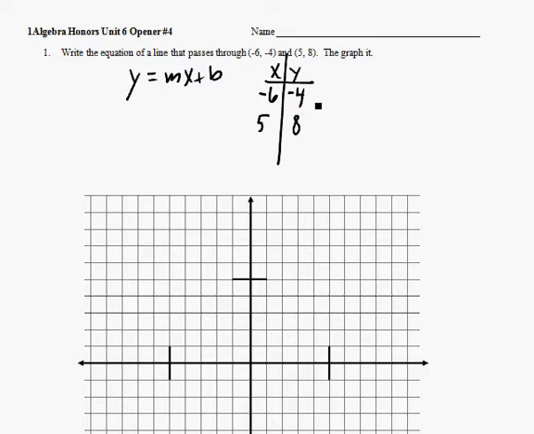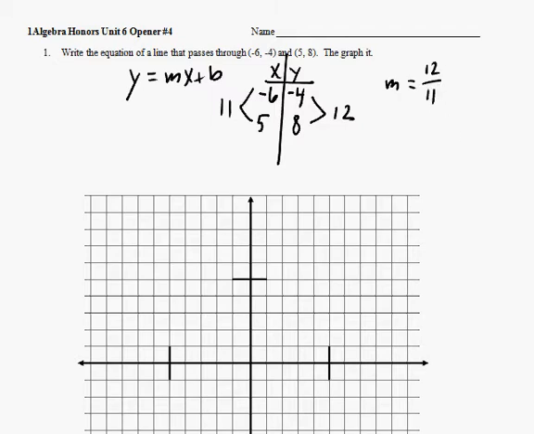So I'm going to find how much the y's change and how much the x's change in order to find out how much the y's change per x. So we can see that the y's increase by 12, and the x's increase by 11. So that means our slope, or rate of change, is 12/11.